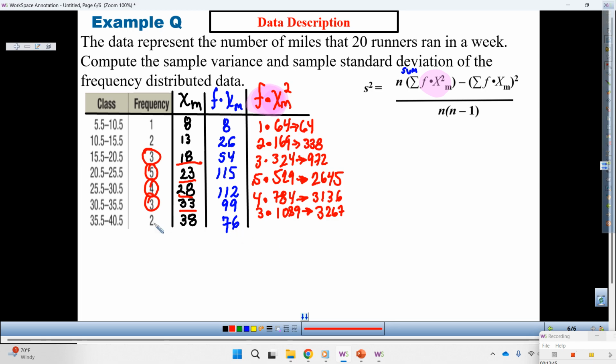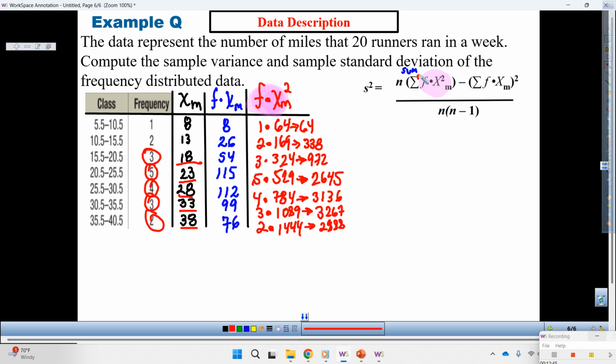3,267. And the last one, 2 times 38 squared. Vanessa, 38 squared. 1444. 2 times 1444 is 2888. That is correct. All right, but this says they both have what?